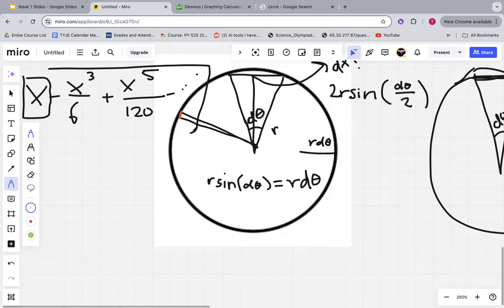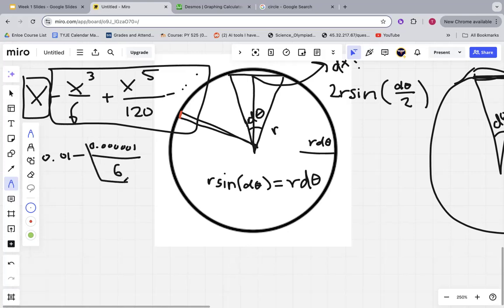And so what this basically says is we're ignoring all these terms, because d theta is so small that if you take the limit as d theta goes to 0, this x cubed goes to 0, this x to the 5 goes to 0. For example, if you have theta equals 0.01, that's 0.01 minus 0.01 cubed, which is 0.000001 all over 6.